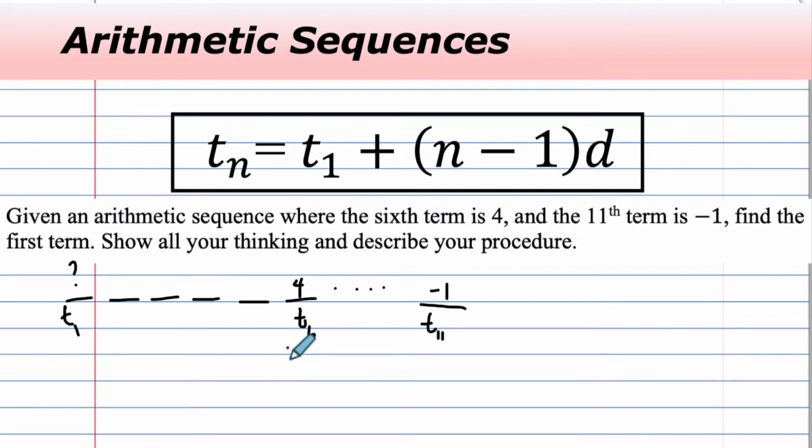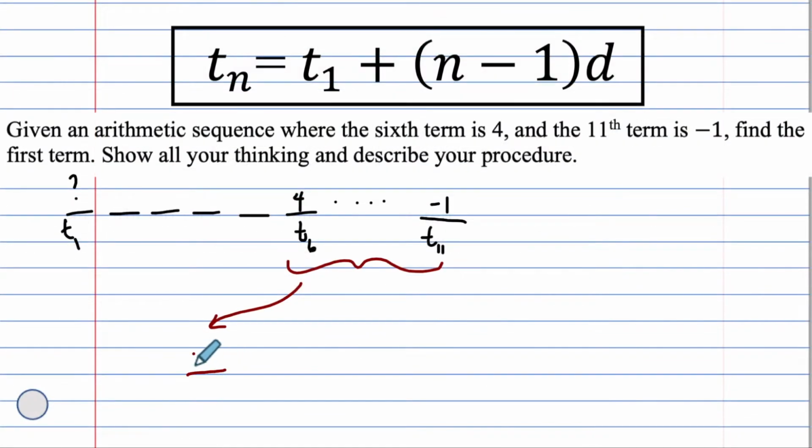What you can do is zoom in on this part of the sequence and relabel the parts. We can say that the first term could be a 4, and the 11th term turns into a, now how many terms is it? Now you have to remember that the jumps are calculated.